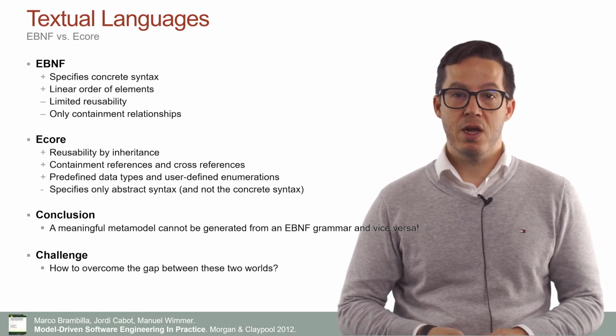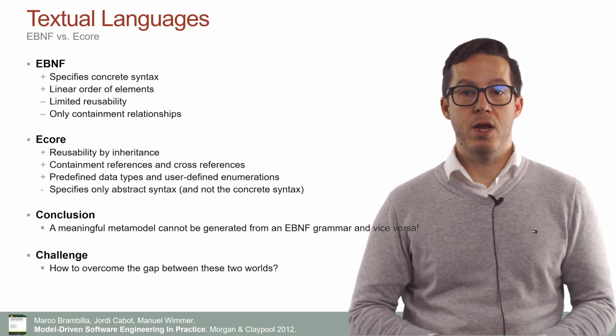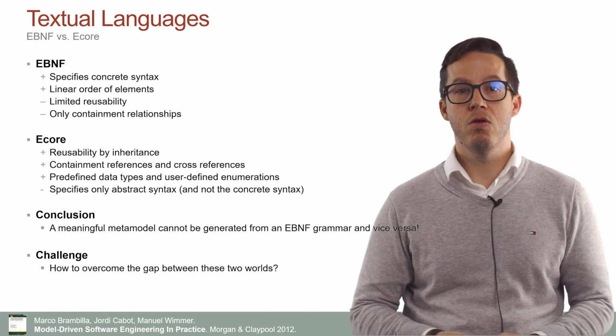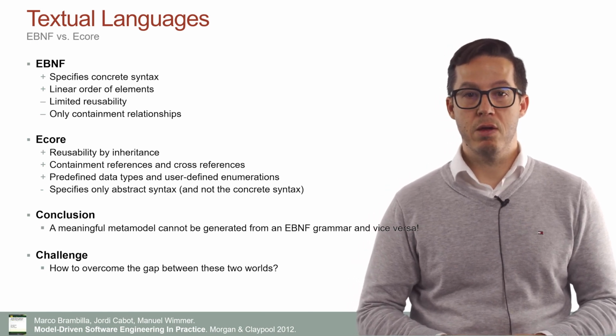We have containment references and cross-references, and we can use predefined data types and user-defined enumeration. So we are much richer in the eCore world compared to the eBNF world because of those characteristics.